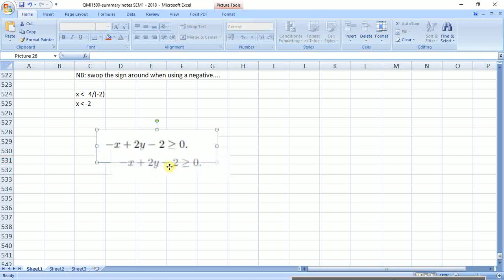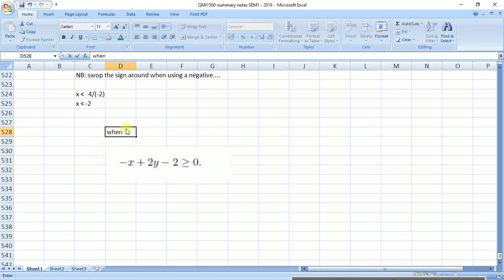When two variables are present in the inequality, what must I do? I need to solve it like a straight line. Here, minus x plus 2y minus 2 is actually a straight line. Can I write it as a straight line?